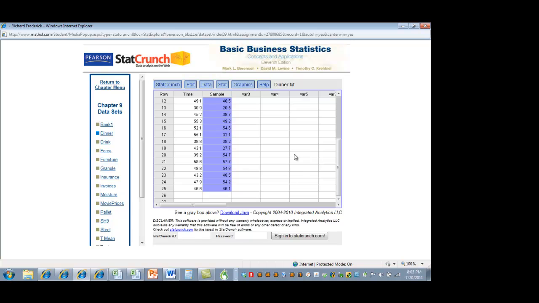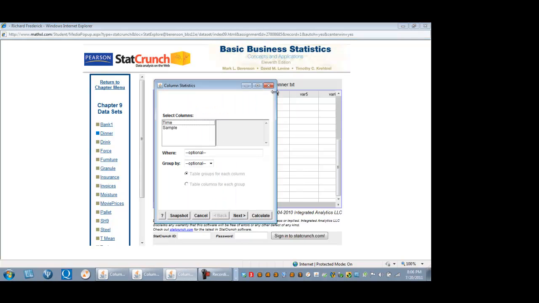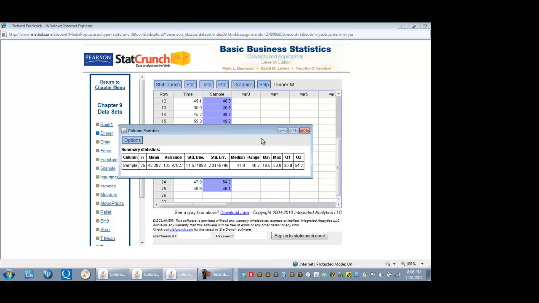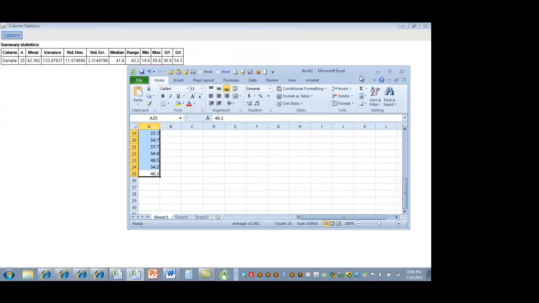We do. And to use StatCrunch, just hit Stat, do Summary Stats, we'll do Columns. I want to get the sample data, hit Calculate, and there are my sample data. Now, options here, just copy, and then I'm going to bring this back down.